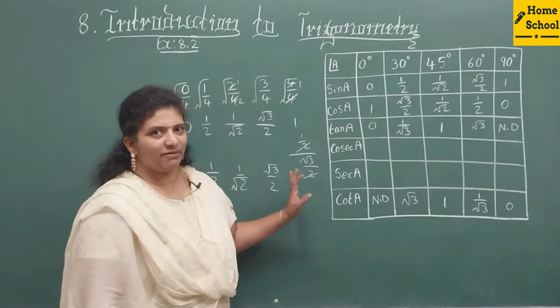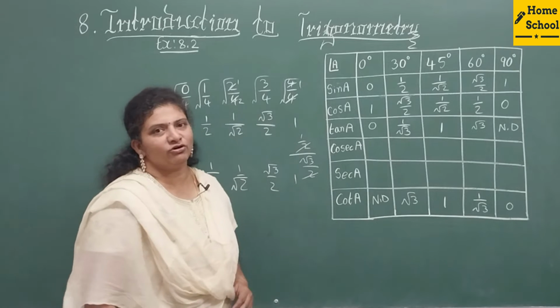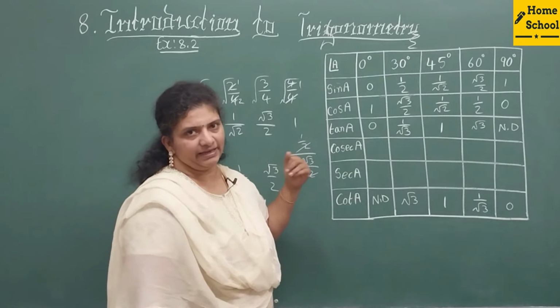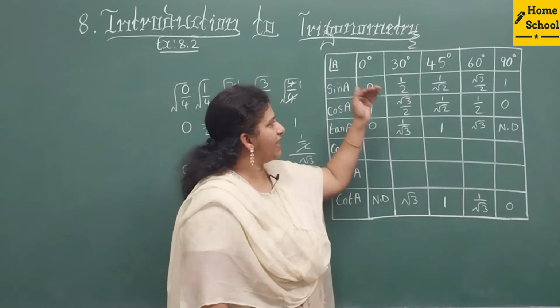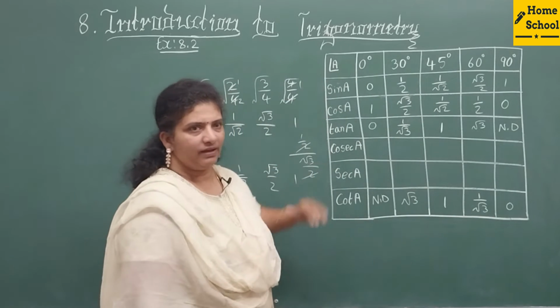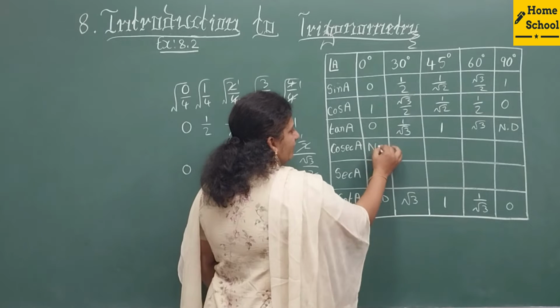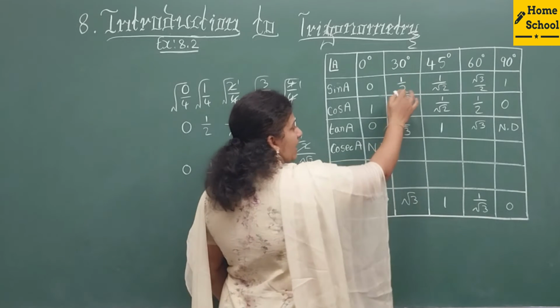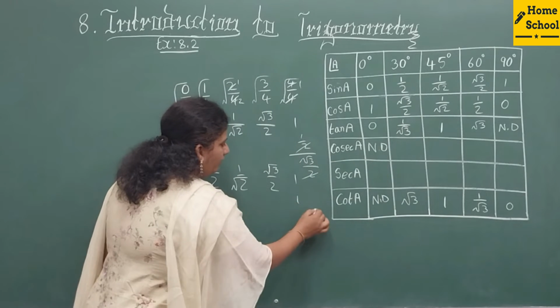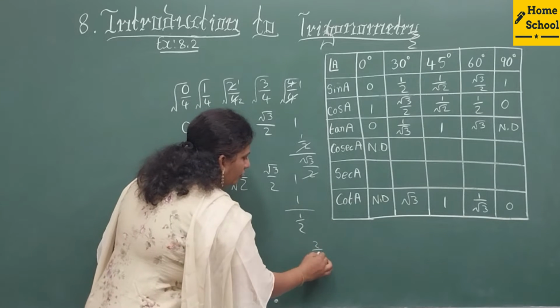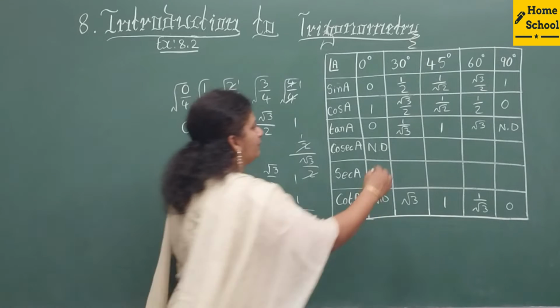Okay, almost your table is filled. Next, coming to cosec A. Cosecant A is nothing but 1 by sin A. So say all these values with 1 by. 1 by 0 is not defined. 1 by 1 by 2 means 2 by 1, that is 2.